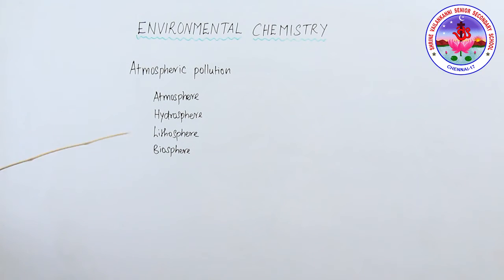The function of the atmosphere is that it contains all those gases which are essential for the existence of life on earth. For example, oxygen is required by humans and animals for respiration, and carbon dioxide is needed for photosynthesis of plants.